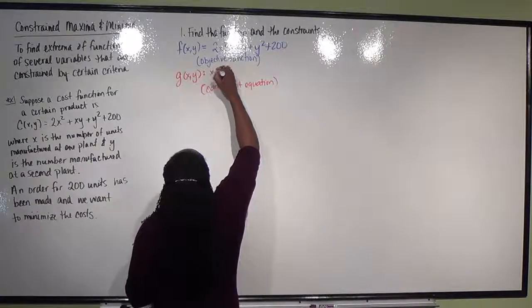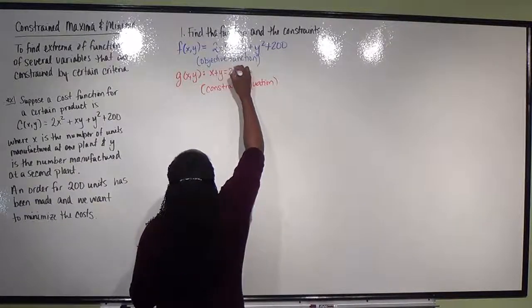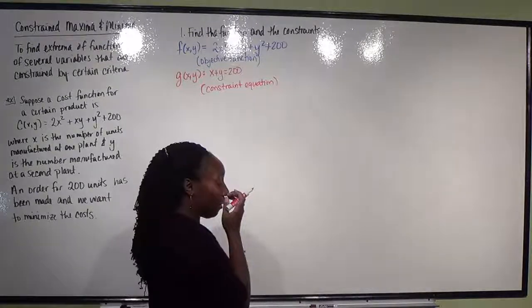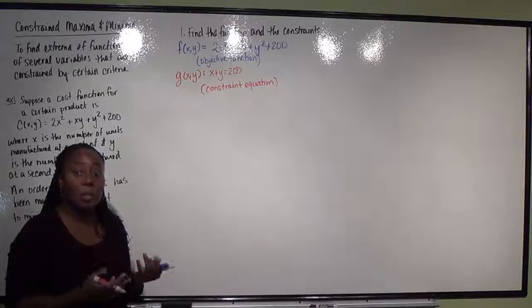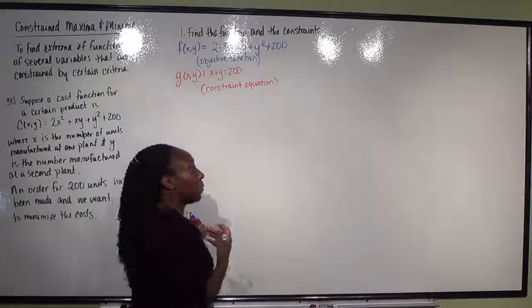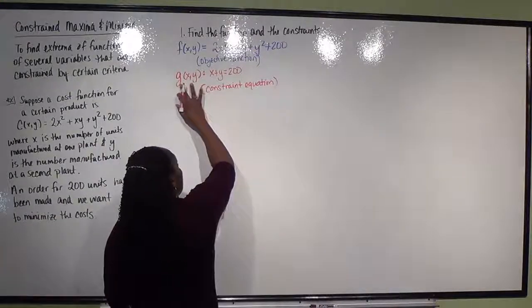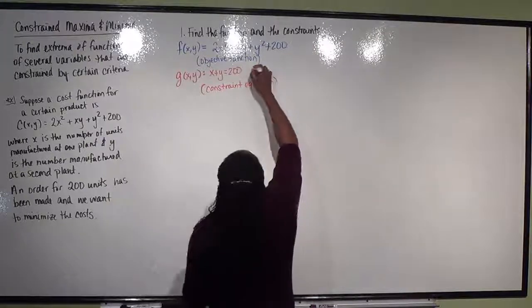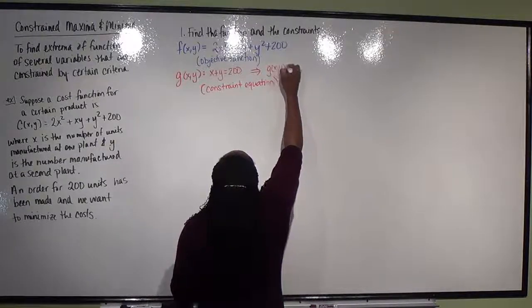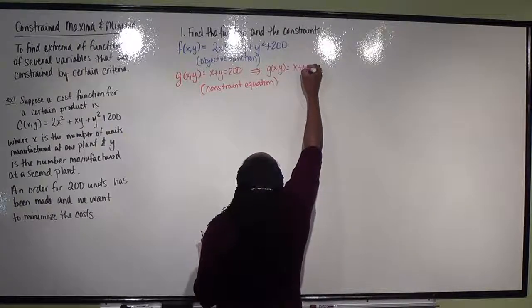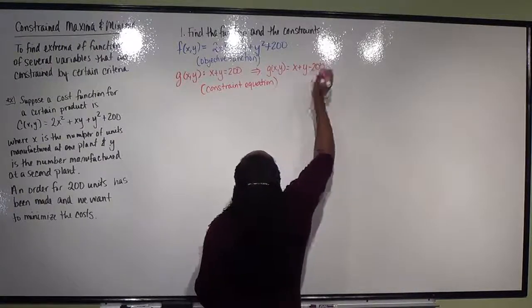So here, x plus y has to equal 200. Okay? Our constraint equation is an equation, but we want to be able to rewrite it as a function. I'm going to call it g of xy. So here, my g of xy, I'm just going to say is x plus y minus 200.